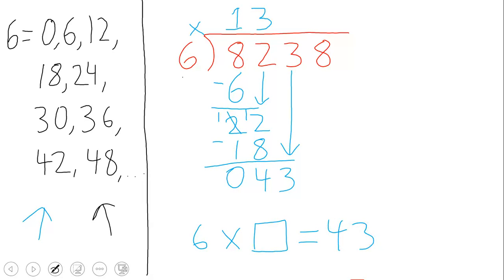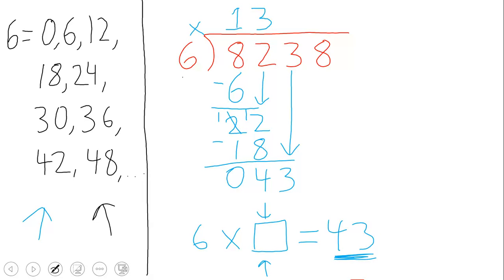And the answer is no. There is no whole number that I could use to multiply by 6 to get 43. I cannot find a whole number that I could use to multiply by 6 to give me exactly 43.